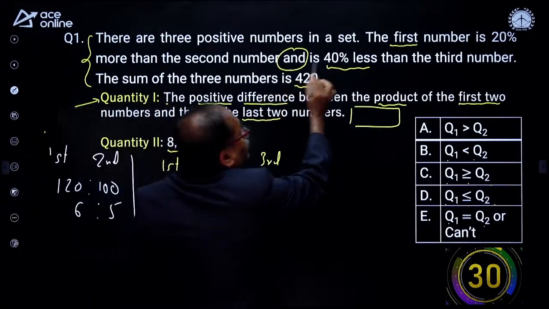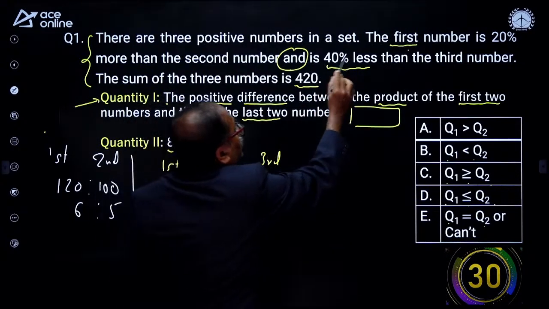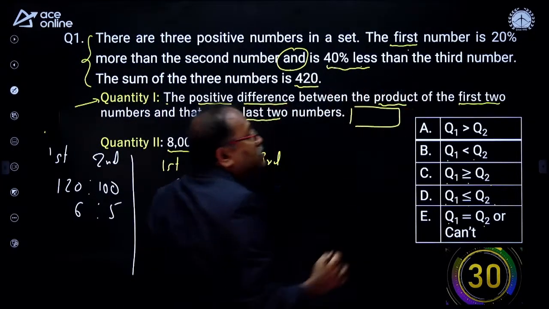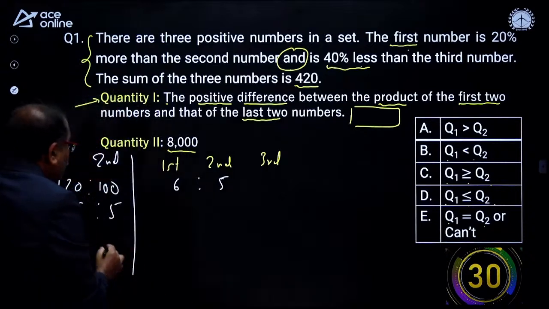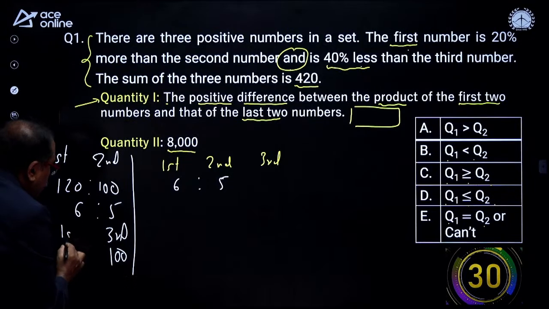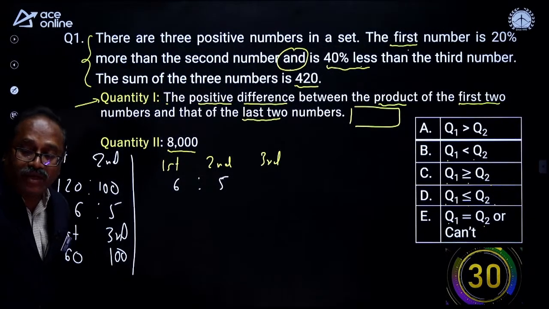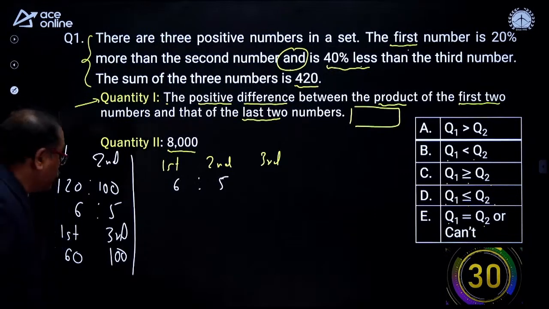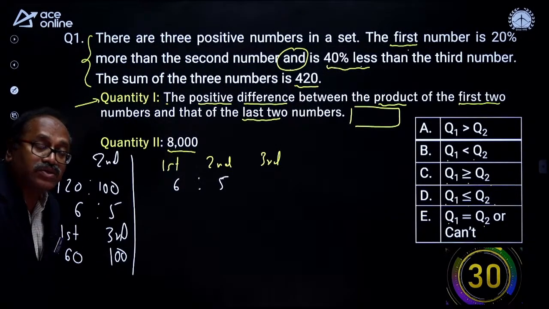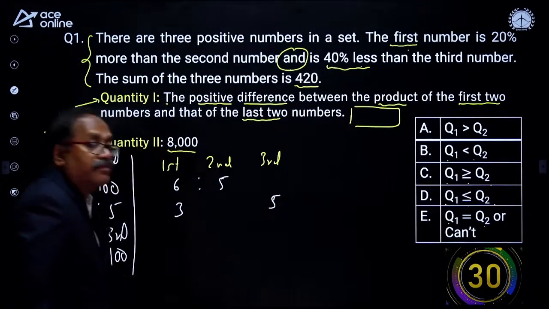And "and" means they are talking about the first number, as we discussed. So the first number is 40% less than the third number. What does it mean? If the third number is 100, then the first number is 40% less, meaning 60. The ratio of first number to third number is 3:5.